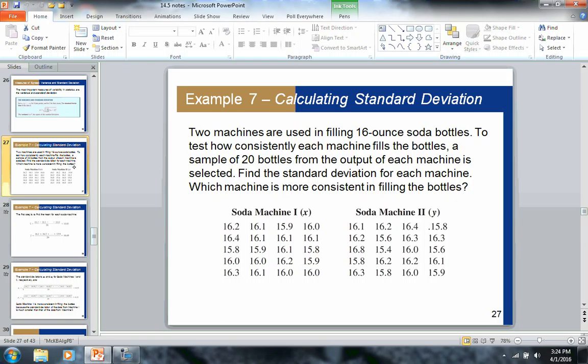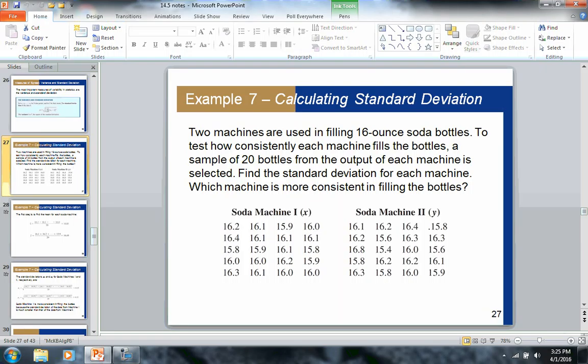So a sample of 20 bottles has been taken from the output of each machine, and we want to find the standard deviation for each machine because that'll tell us how much spread there is between how many ounces each machine is putting into each bottle.